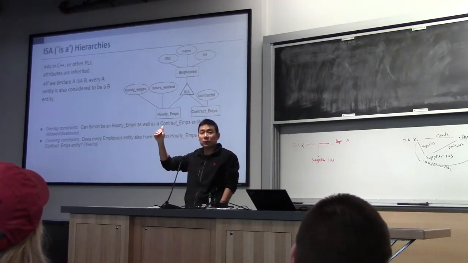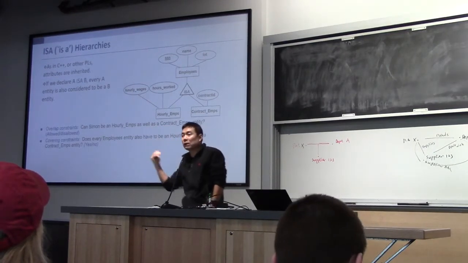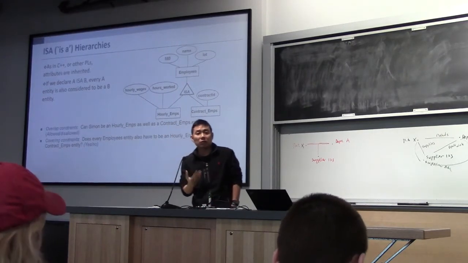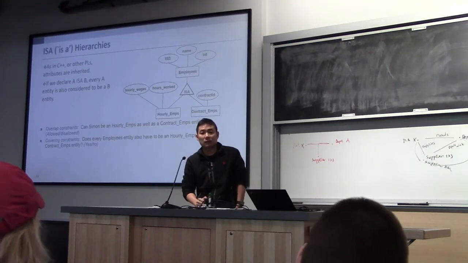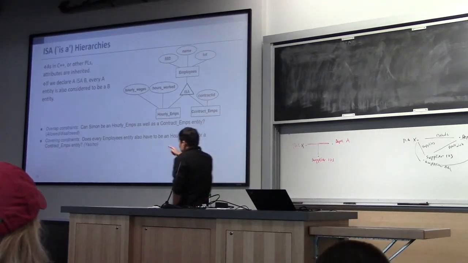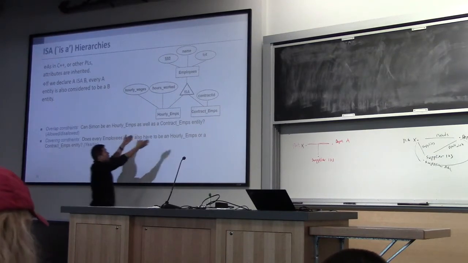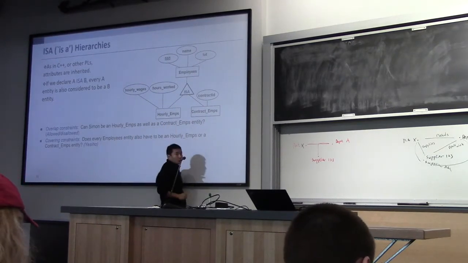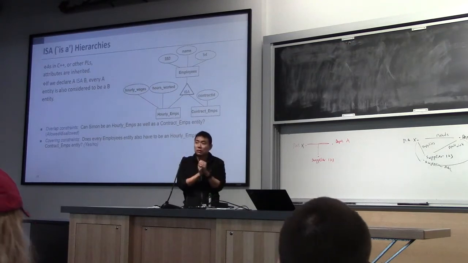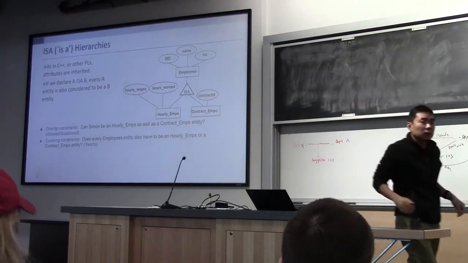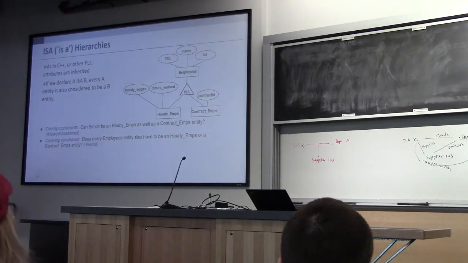You say overlap constraint allowed, overlap constraint disallowed, to clarify that design aspect. Now, covering constraint implies whether the union of the two, for those two children entity sets, whether the union of the two covers everything for the parent entity set.